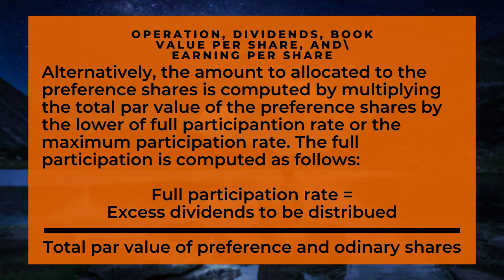The full participation rate is computed as follows. Full participation is equal to excess dividends to be distributed divided by the total par value of preference and ordinary shares.